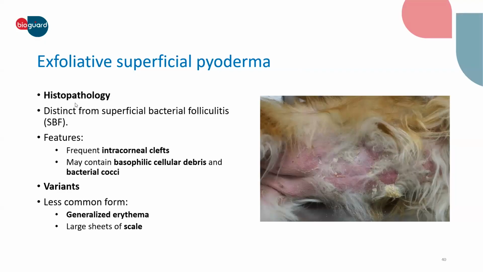From the histopathology, it can be distinguished from superficial bacterial folliculitis because it frequently shows intracorneal cracks that may contain basophilic cellular debris and bacterial cocci. It also has some variants, like a less common form with generalized erythema and large sheets of scale.